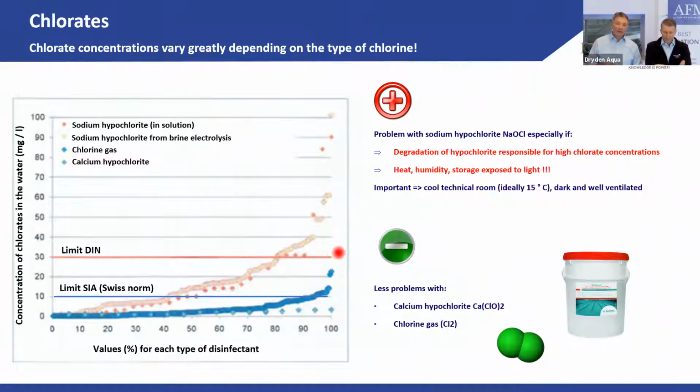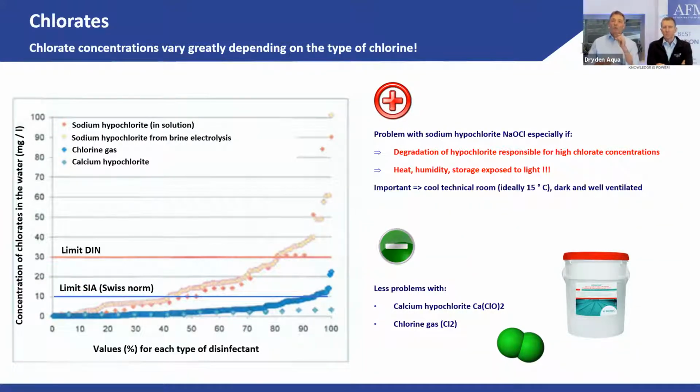All of them passed the DIN limit of 30. Some of them did not pass the Swiss limit of 10. So what does this mean? The problem is really sodium hypochlorite, especially if it's stored in warm conditions. If it's stored long, then you have this degradation. This is not good. You have much less problem with cal hypo and chlorine gas.